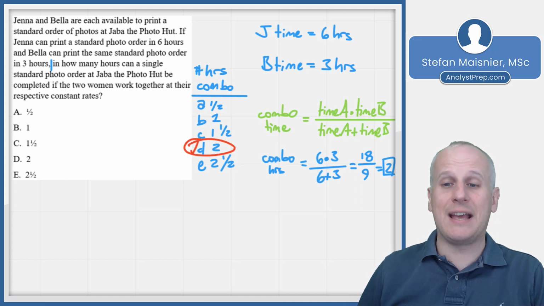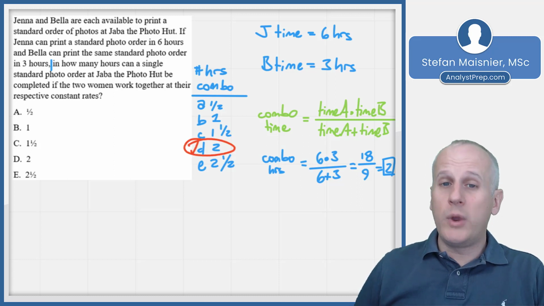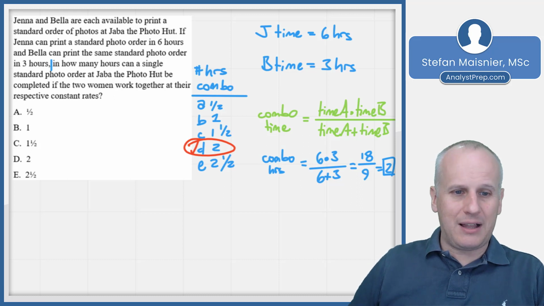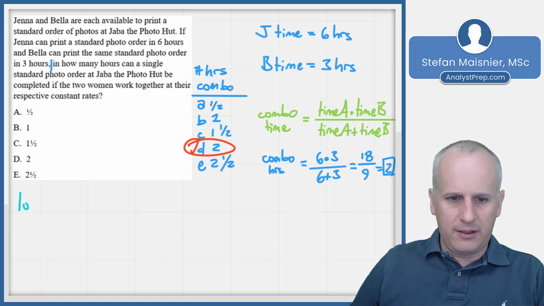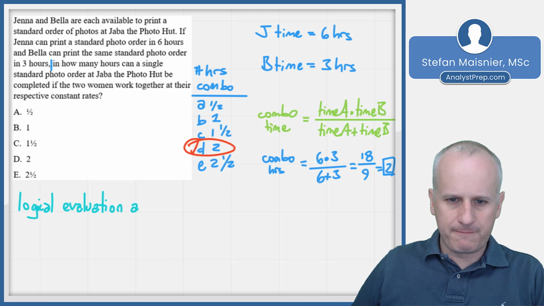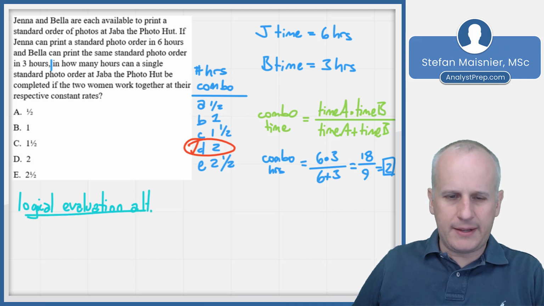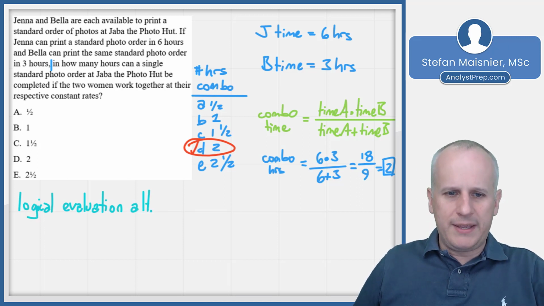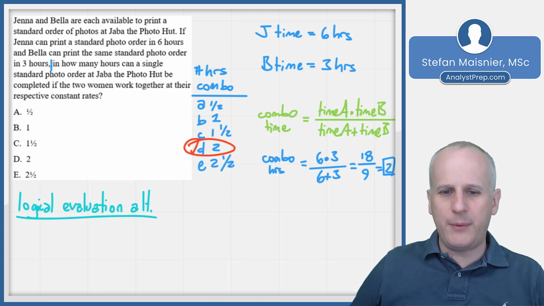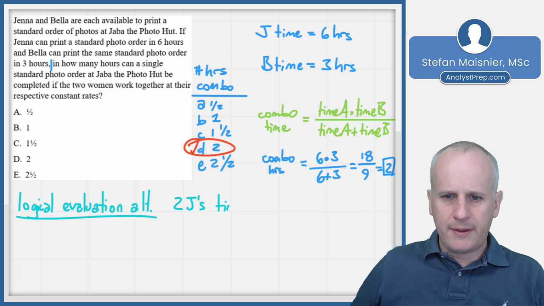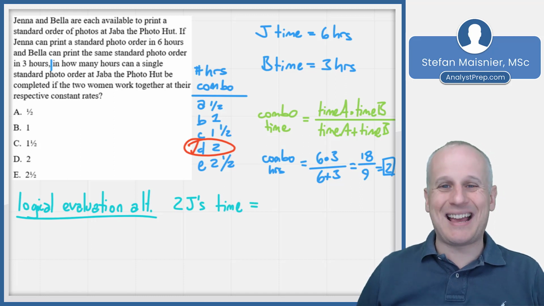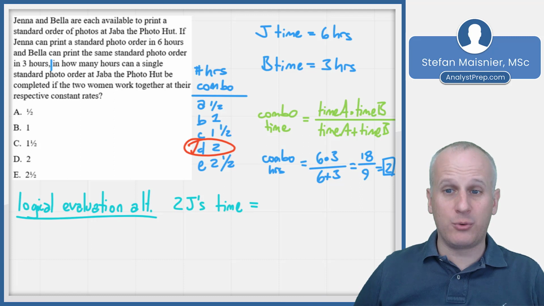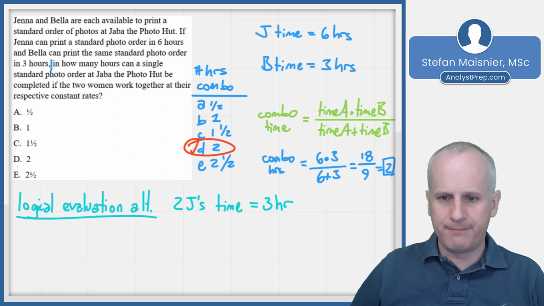Now, if you forget your combined time, we know that we always want to think logically. So let's consider a logical evaluation alternative. Here we can logically say that if we had two J's working together, that would have to be exactly half of the amount of time it took one J. So that'd be 3 hours.